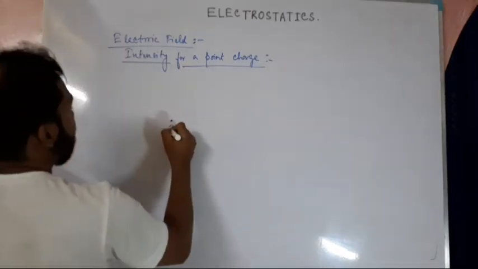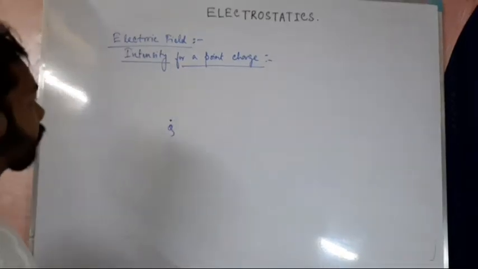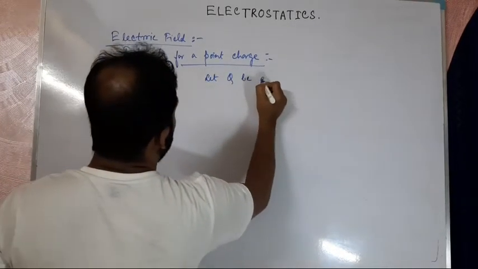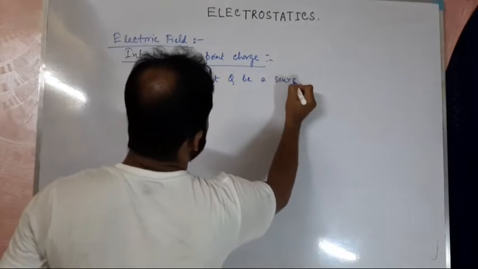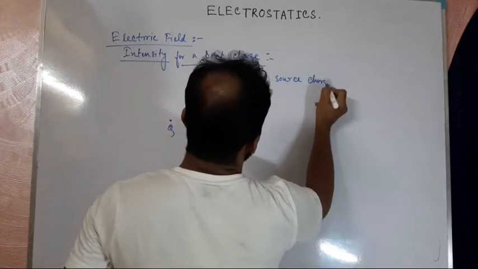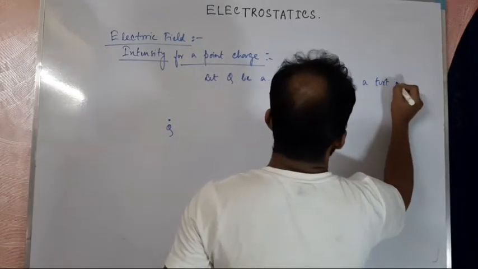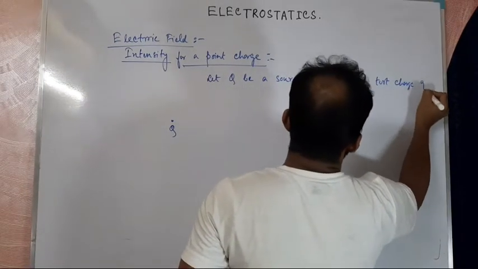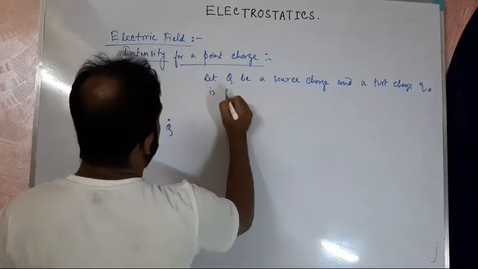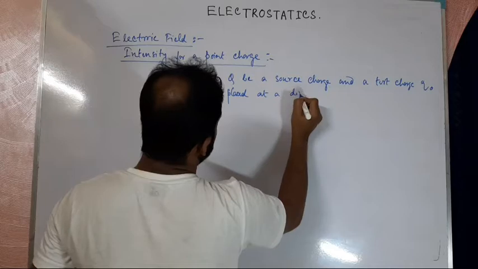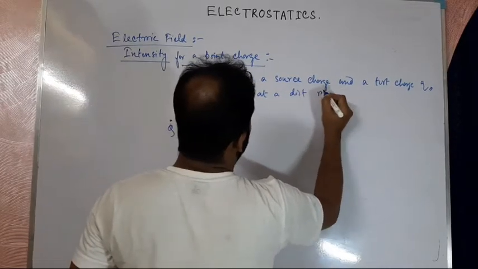Let Q be a point charge, the source charge, and a test charge Q naught is placed at a distance r from it.